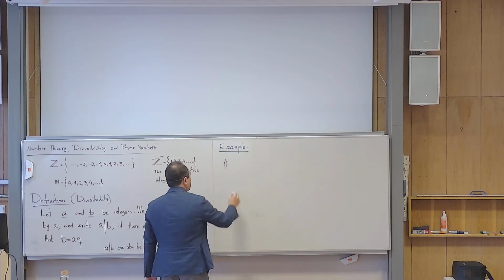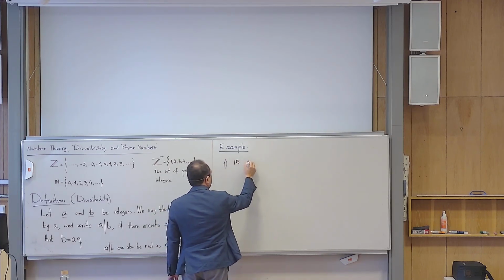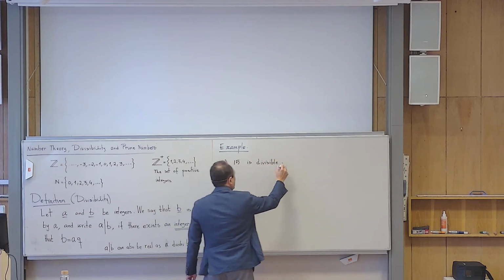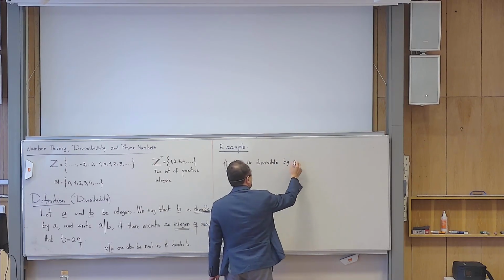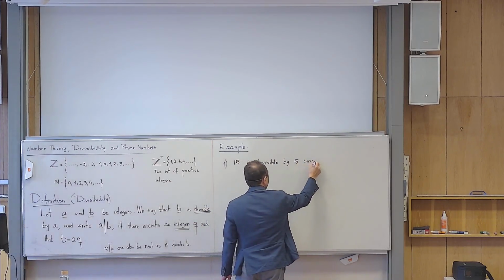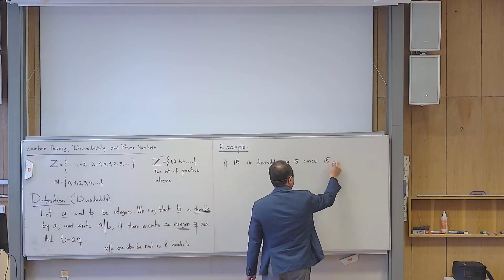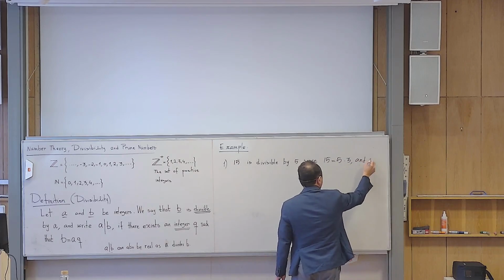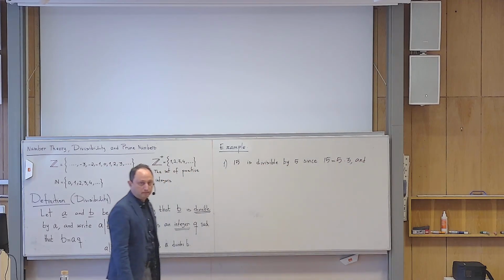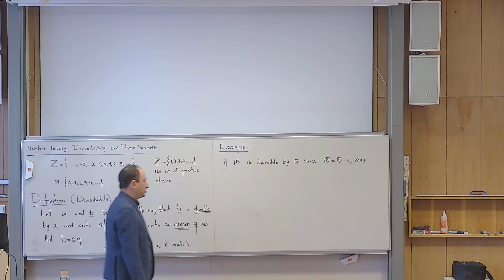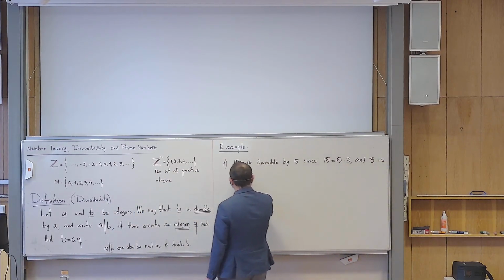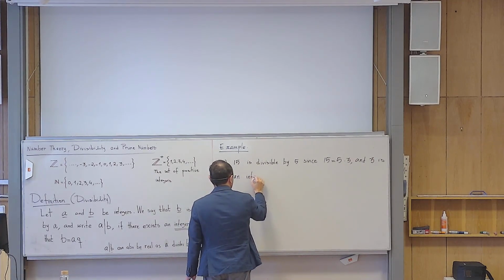I say that 15 is divisible by 5 since 15 is equal to 5 times 3, and do you know what I would write next? 3 is an integer.